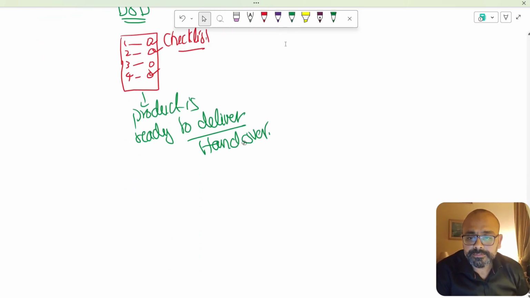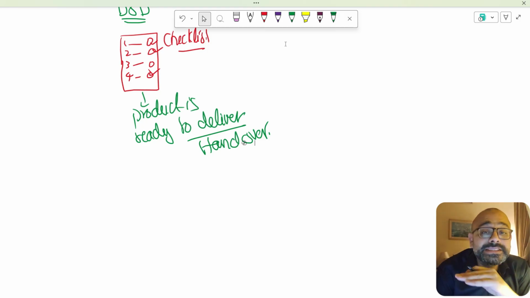That's the idea. A DOD is a checklist, and if all the items on the DOD are ticked, it means now the product is ready for the handover. The work is done. The work is complete.